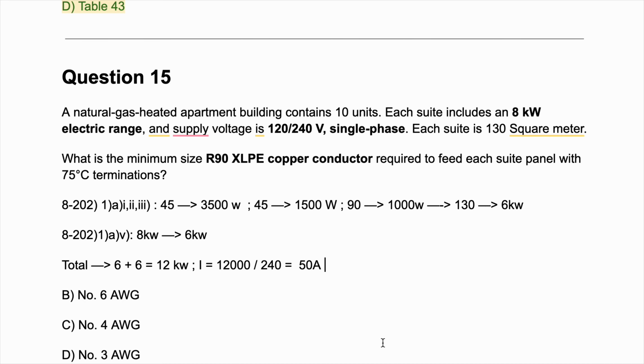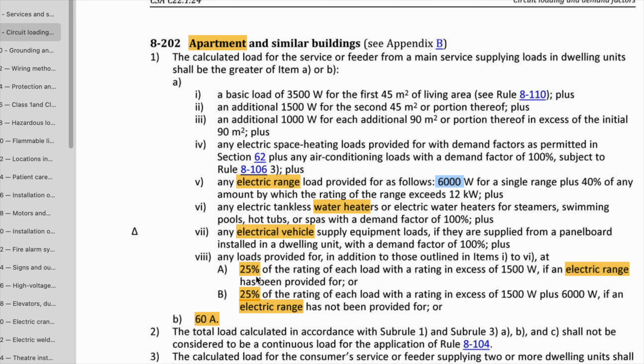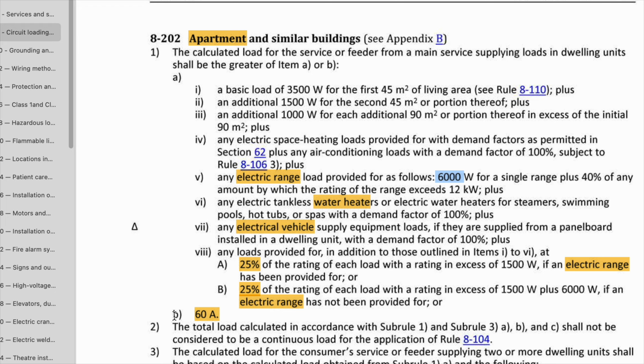We have another rule, a sub rule actually here. In this sub rule, part B, it says that at least we need to assume 60 amps for every unit. If all of these calculations are less than 60 amps, at least we need to imagine 60 amps.